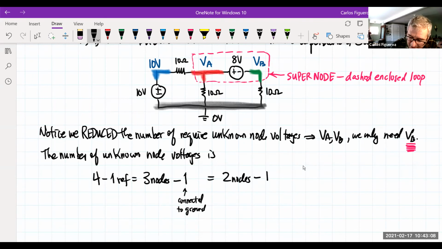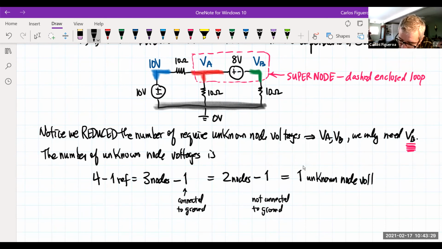And then we had another voltage source, which was not connected to ground. So this is saying that we only have one unknown node voltage. So the number of unknown node voltages is 1.